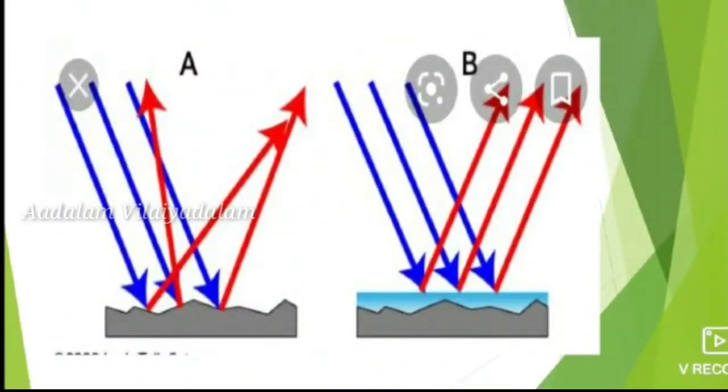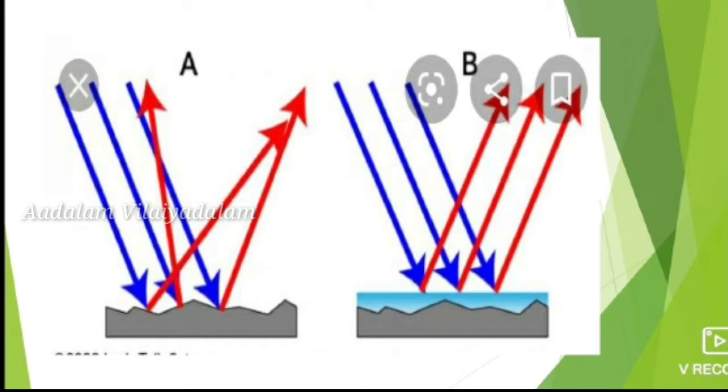So look at these two pictures. In these two pictures A and B, which one is regular and which one is irregular reflection? Yes. Picture A represents irregular reflection and picture B represents regular reflection. Why?